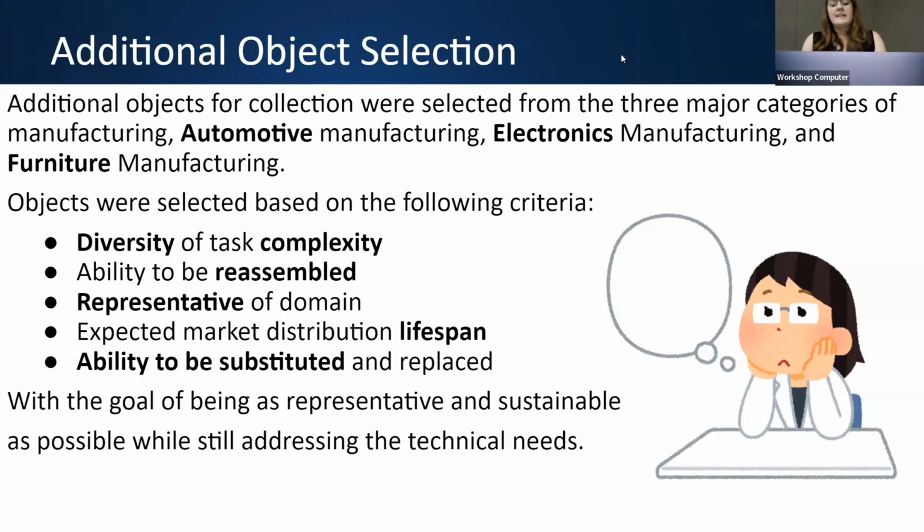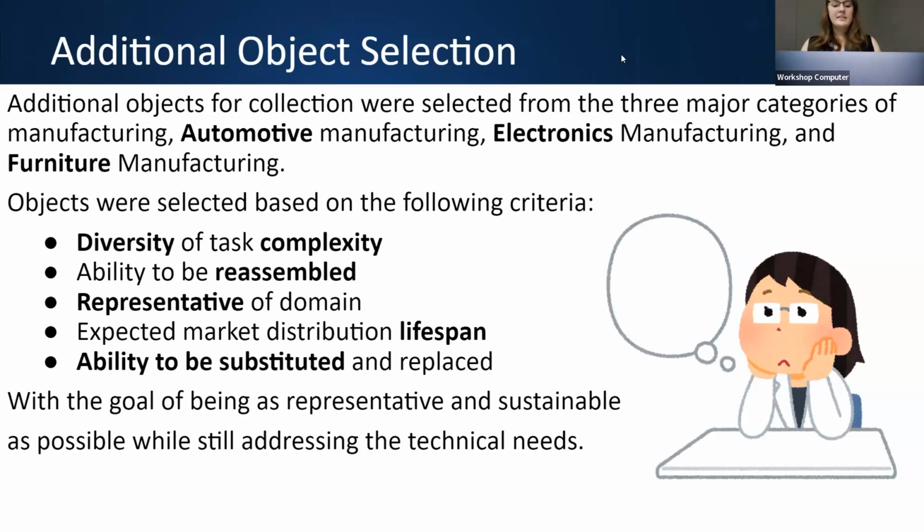And then we wanted things that were supposed to have a longer market distribution lifespan. As we said before with the Cheez-Its, the things may or may not change, but we wanted things that would stay around for a little bit longer to avoid having to retake data as much as possible. But we are still planning on retaking the data as we see that these objects go in and out of the distribution lifespan.